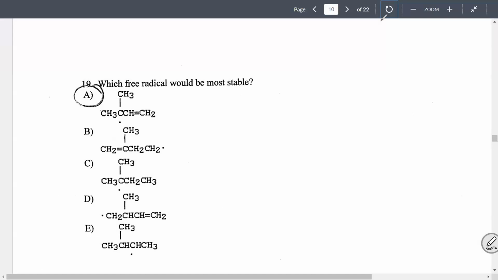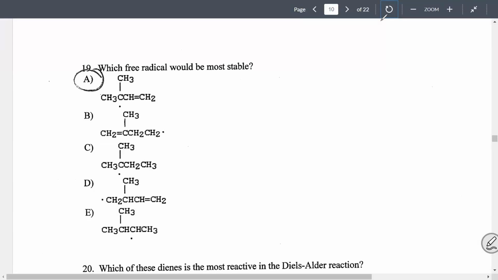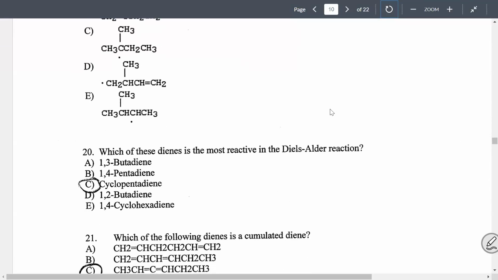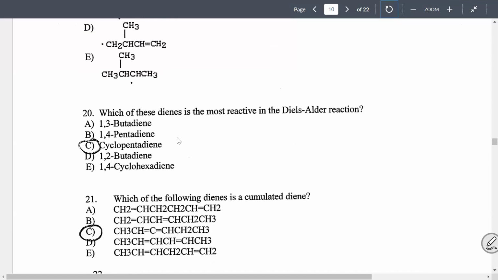Stability of radicals and carbocations is the same exact. Tertiary, secondary, and primary, but allylic is the best one of all. Allylic, not vanillic. Vanilla, like ice cream.